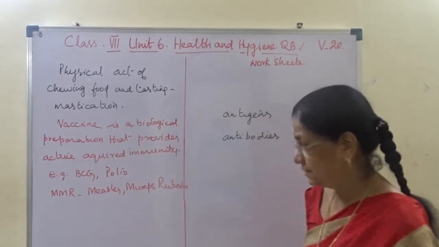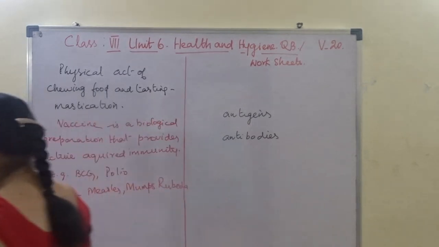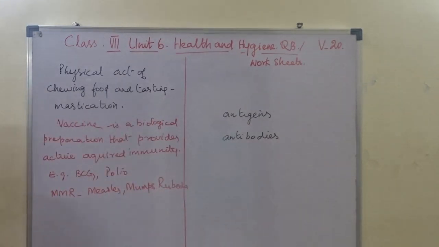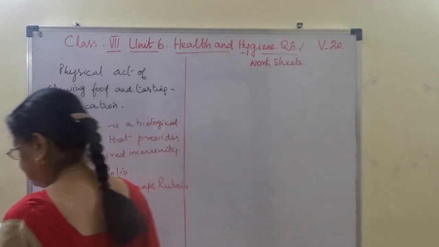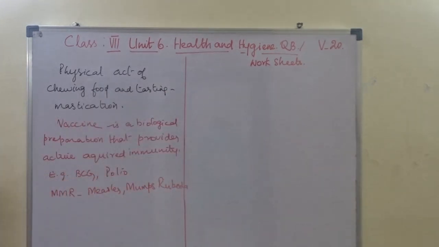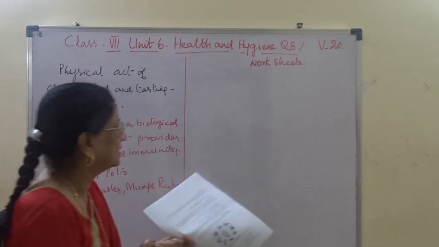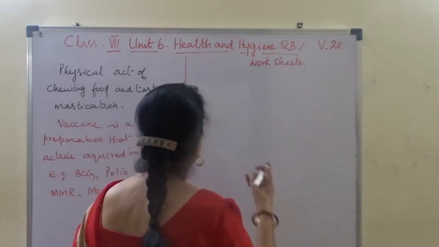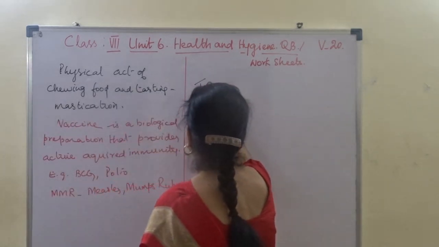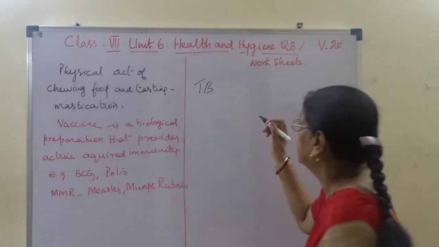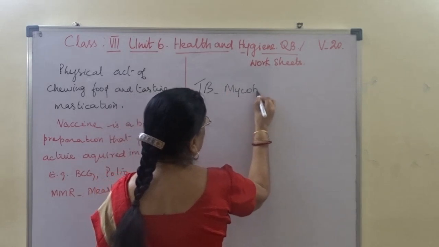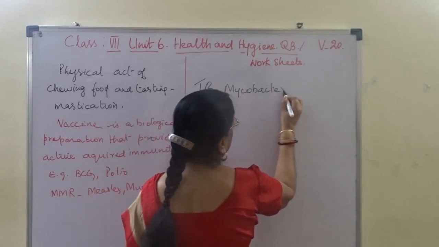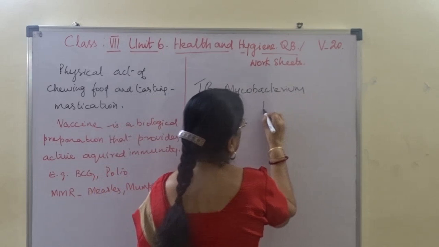I hope you understand. The next one, write the causative agents for tuberculosis. We say TB in short. It is Mycobacterium tuberculosis.